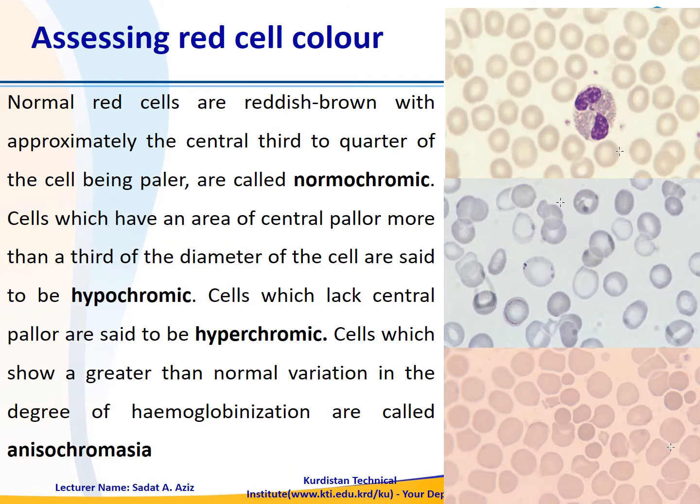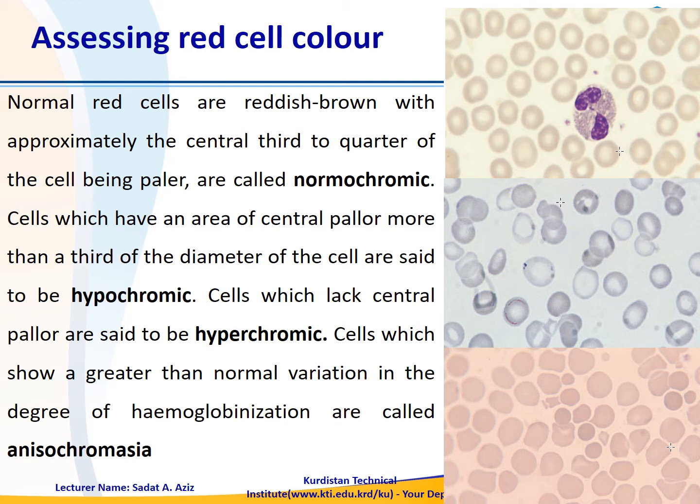So sometimes the red blood cells can be defined based on their appearance, based on their colors. If you remember, we said the red blood cells can act as a sac of hemoglobin. So the color of the red blood cells comes from where? From the hemoglobin.